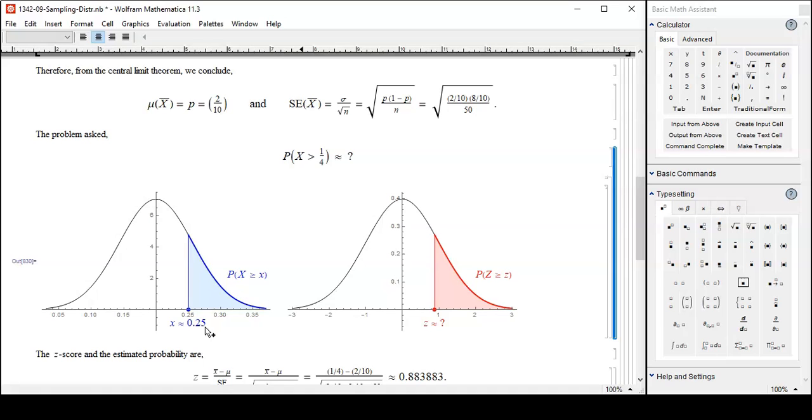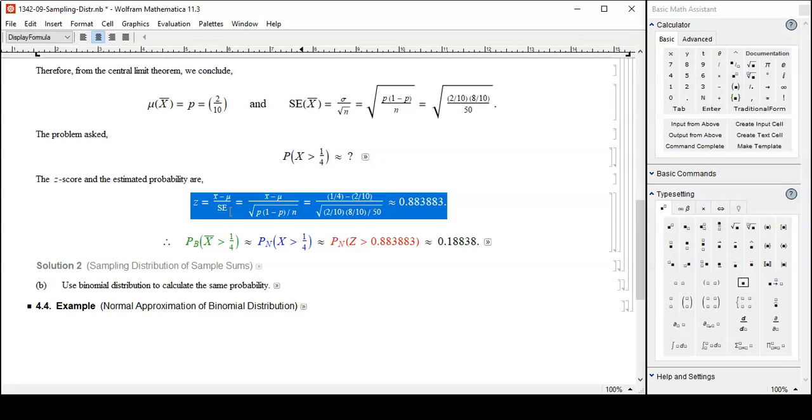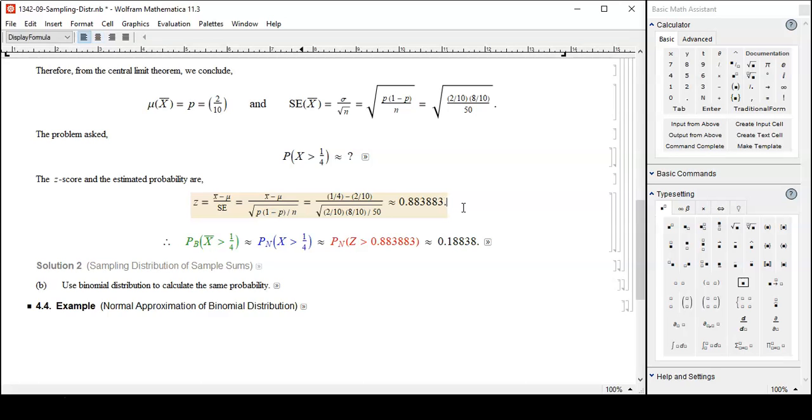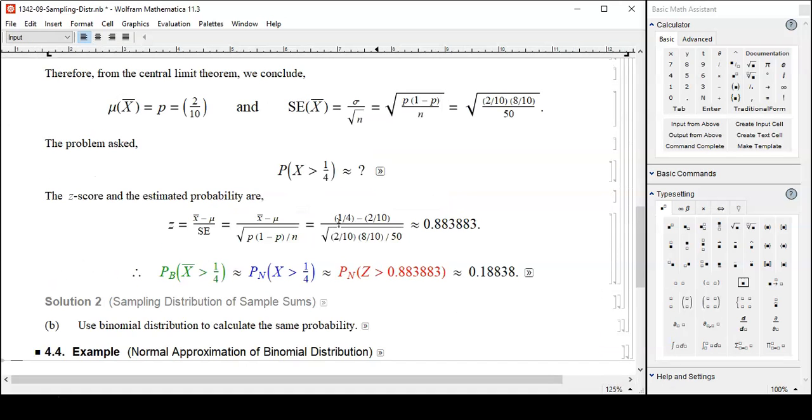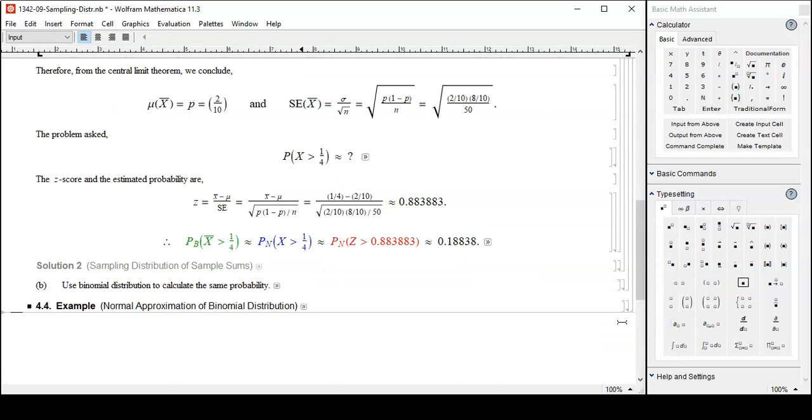In order to figure this one out, I need the Z-score here, and let's do the Z-score computation right here. End minus center over SE, or X minus mu over that square root thingy, because that's a standard error. And let me increase the font. So 1/4 minus 2/10, so end minus center. 0.25 minus 0.2, and this quantity, and run your calculator, you're getting 0.88.